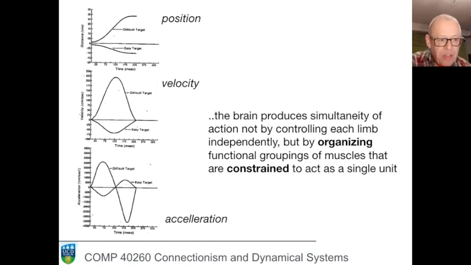What this demonstrates becomes a central insight of coordination dynamics, which is that the brain produces simultaneity of action, not by controlling each limb independently, but by organizing groups of muscles, functional groups of muscles, that is, ones that serve the purposes of the present task, that are then constrained to act as a single unit. And the keynote here is constraint rather than control. It's an entirely different role for the brain.